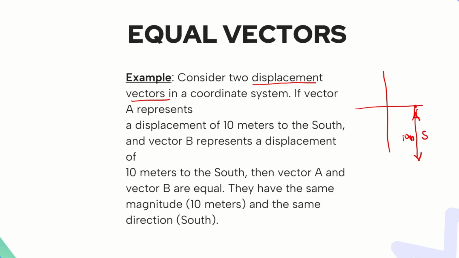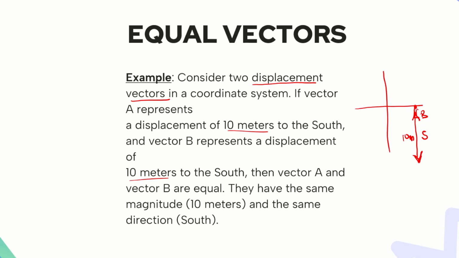And then vector B also represents a displacement of 10 meters, so the same magnitude. It means that vector B also moves from this side towards the south here, with the same magnitude of 10 meters, and it also moves south.